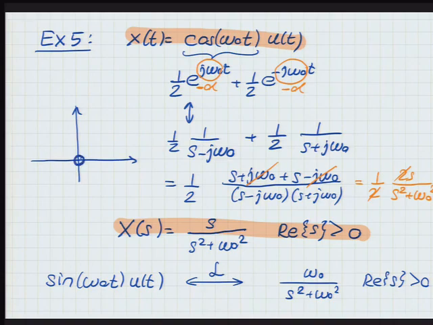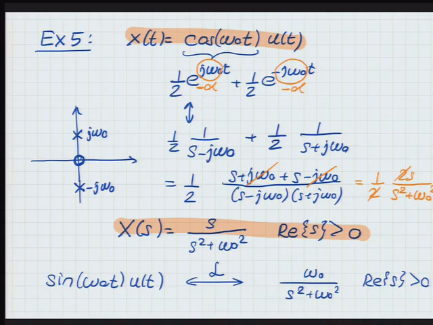And the poles, when is the denominator equal to 0? The roots of the denominator are when s is plus and minus j omega naught. So here and here. So there you go. You have 2 poles and 1 zero.